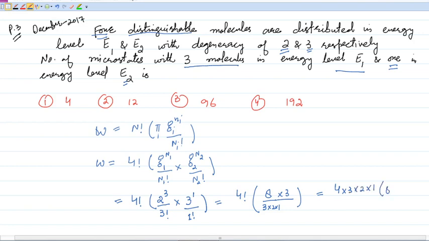It will be 8 into 3, and we have 3 into 2 into 1. So this and this will go. It comes out to be 4 into 24. So it is equal to 96. So the answer for this question is 96 is the right answer.